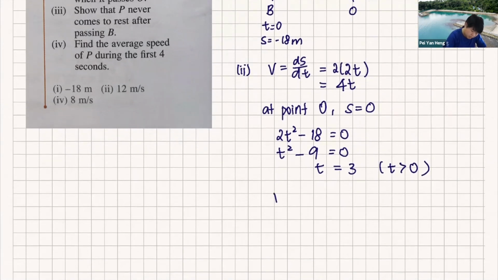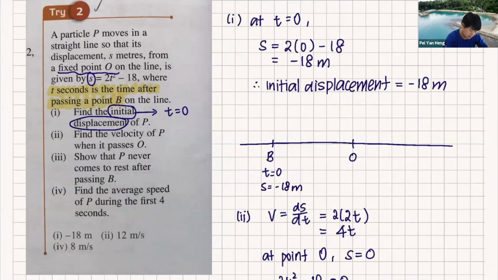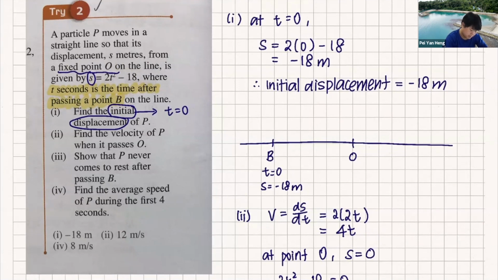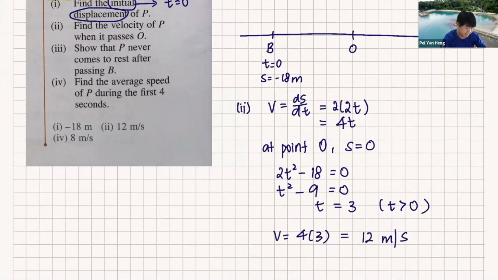So v = 4 times 3, and this will give me 12 meters per second. It's in meters and seconds. Please take note of the units. These are the critical units that you need to be aware of.